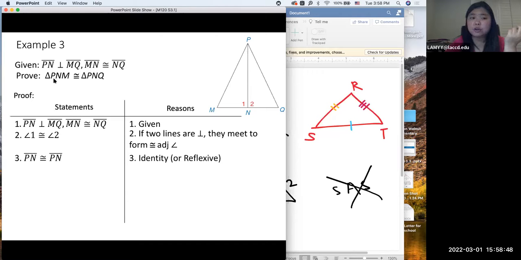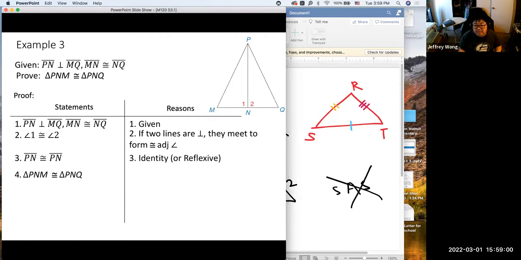And now you're going to conclude triangle PNM is congruent to triangle PNQ. What is the reason? SAS. Good, SAS.